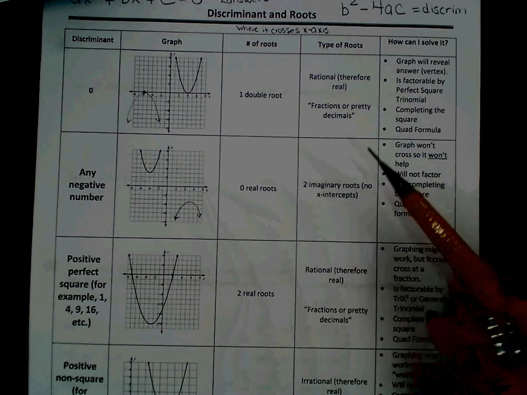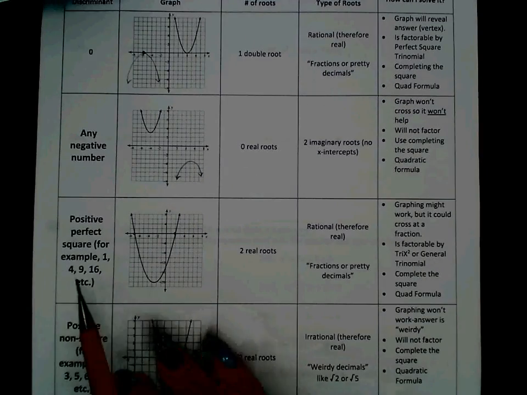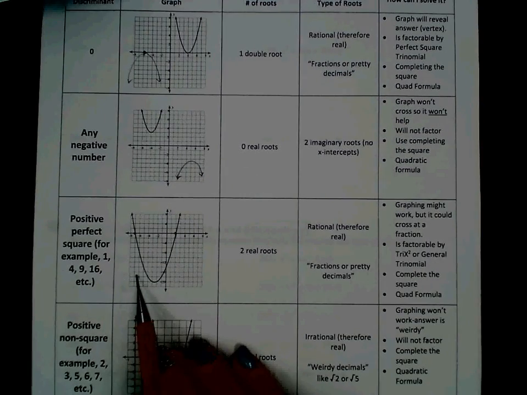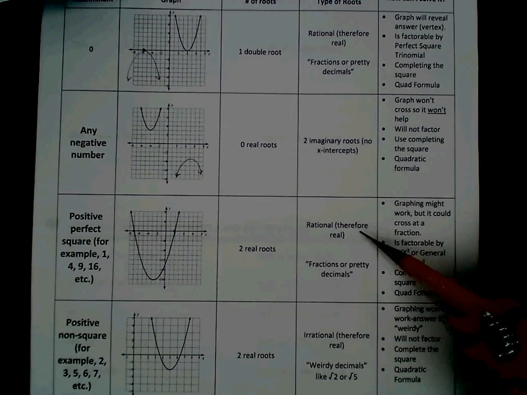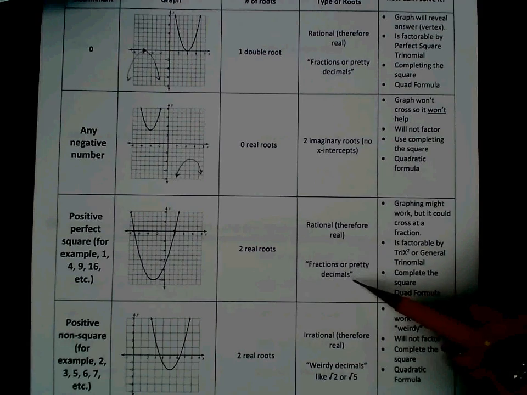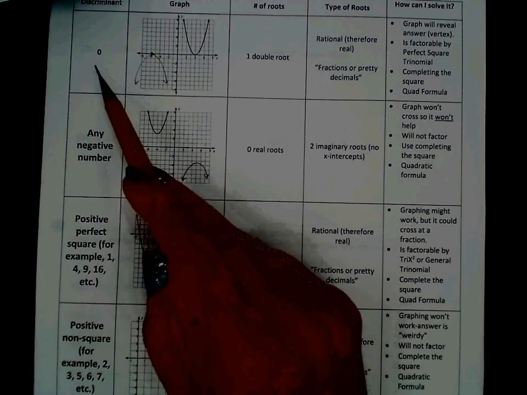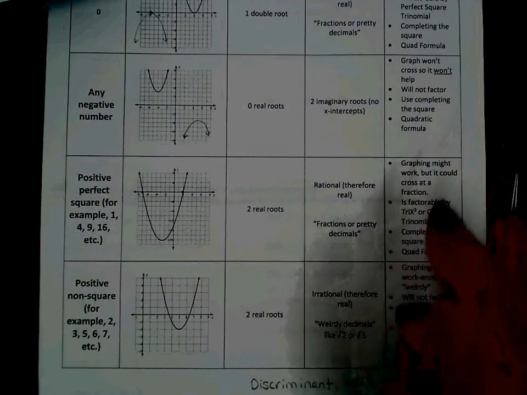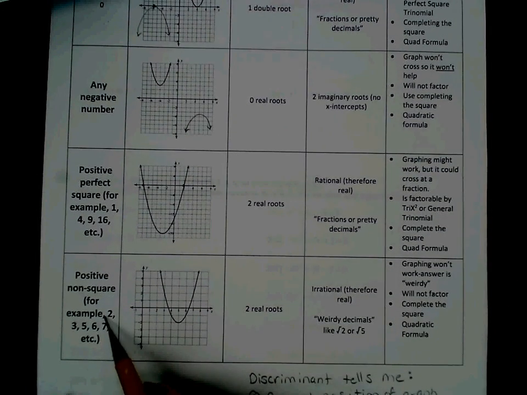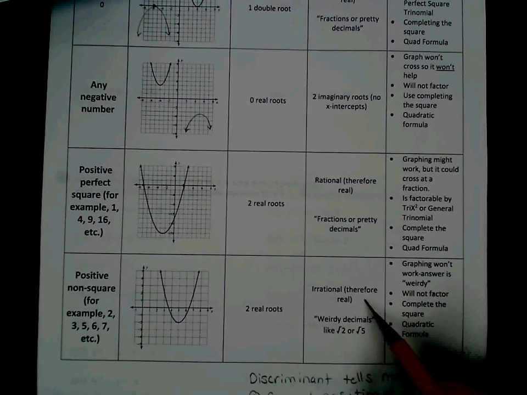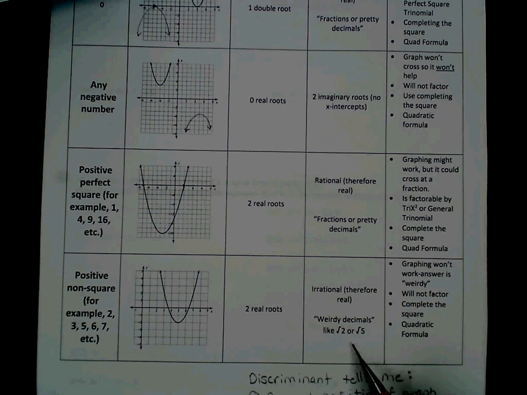They have i's in them. If it's positive and a perfect square, then it's rational, a fraction or a pretty decimal, because 0, believe it or not, is a perfect square: 0 times 0. If it's positive but not a perfect square, you're going to get irrational answers. They're still real, but they're going to be weirdy decimals, like the square root of 2 or the square root of 5.